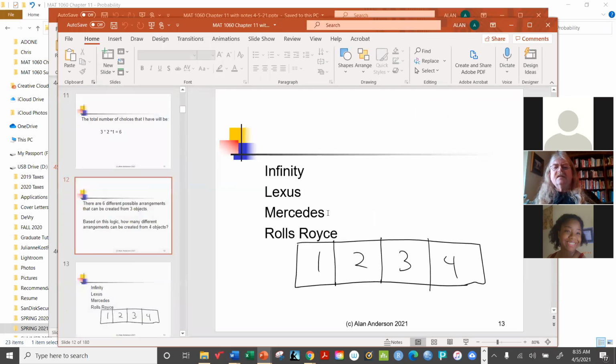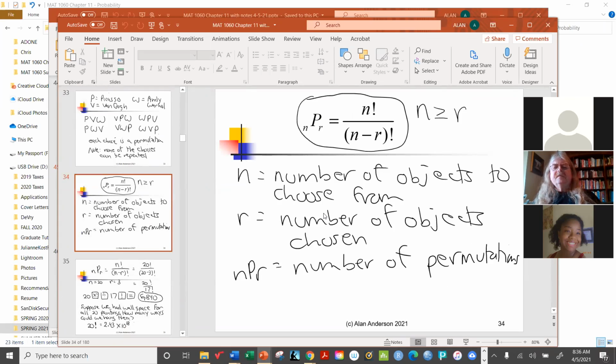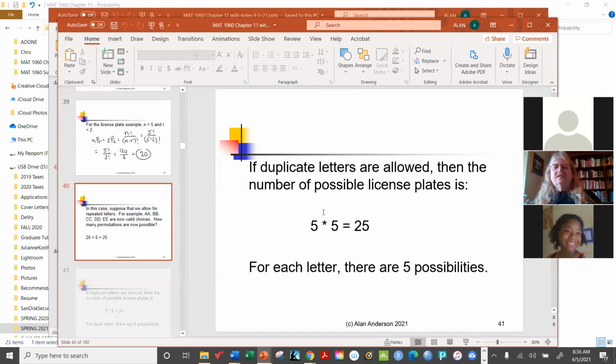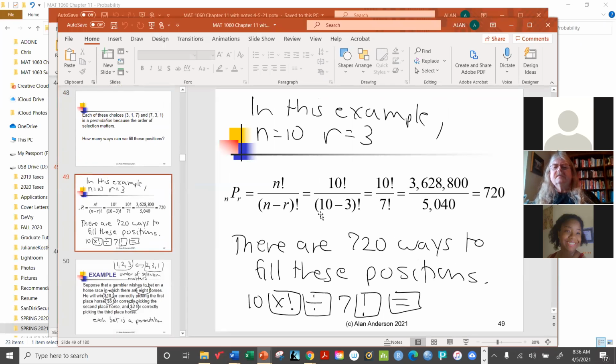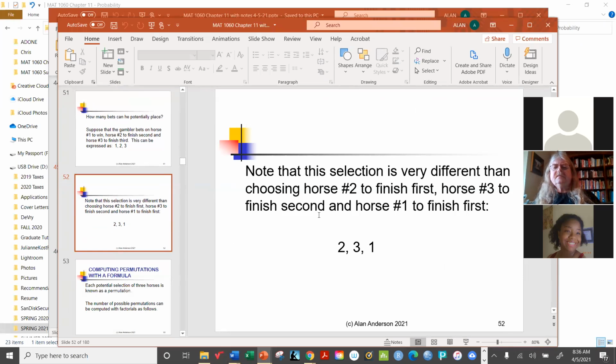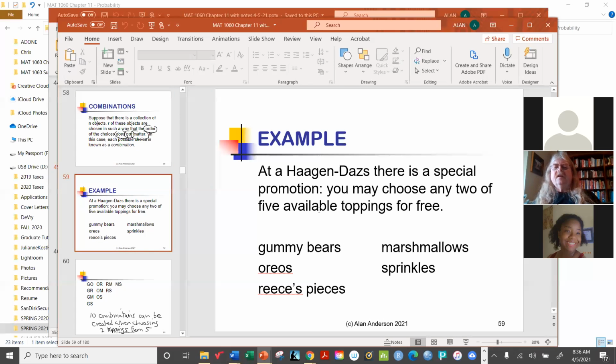Yes, the Haagen-Dazs example. Hold on one second. I just want to go get it. There it is. Okay, so here's the Haagen-Dazs example.